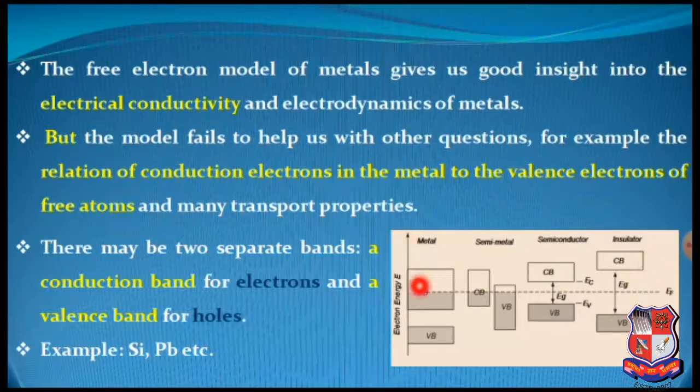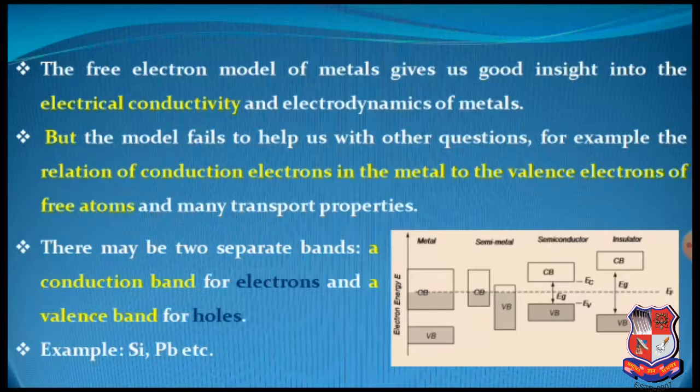Here in this figure you can identify four types of electronic materials. First is the metal, then semi-metal, semiconductor and insulator, where the energy band versus Fermi energy level is displayed in this figure. You will have a clear idea of the Fermi energy level in the upcoming lectures.